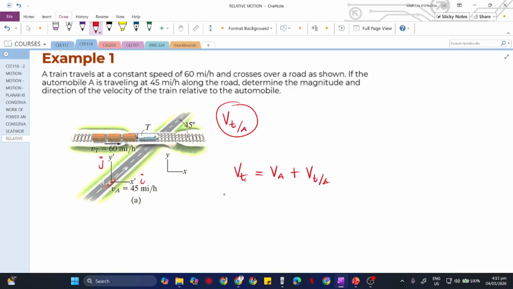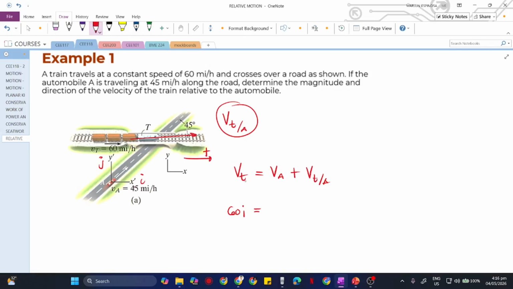Velocity of the train is equivalent to 60 miles per hour, and that is along x. Okay, along x prime. This x prime is an arbitrary axis, but it is the same thing as x here. So, the velocity of the train is along x, right? So we can say that is 60i, considering this direction positive. Then we equate that to the velocity of the automobile.